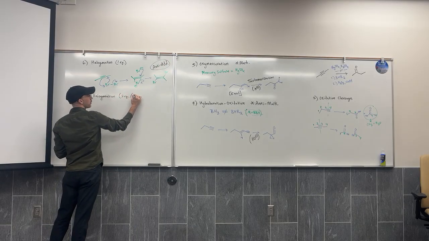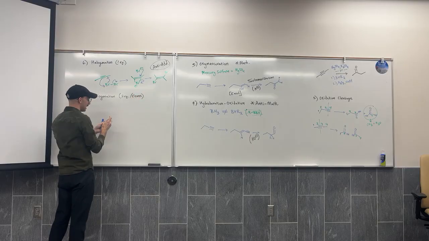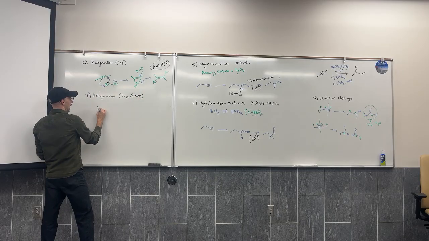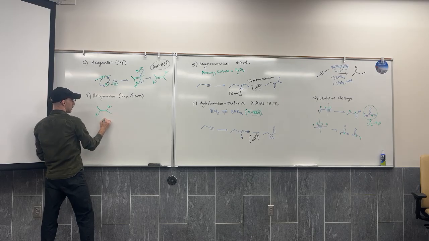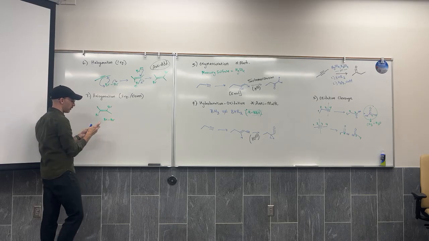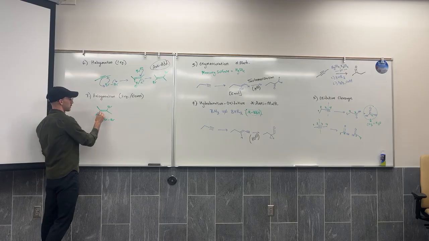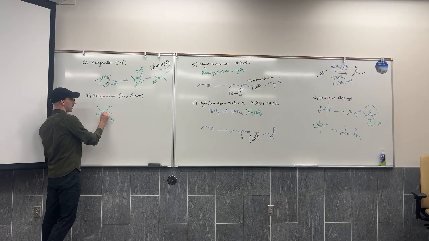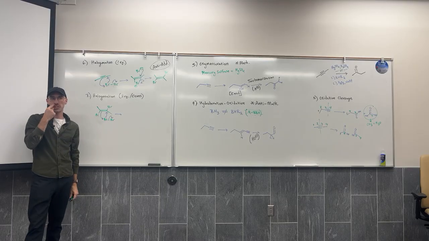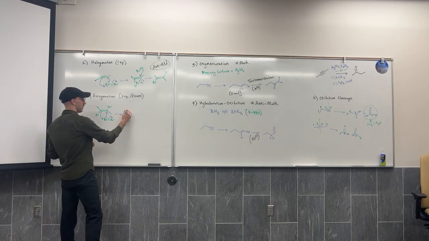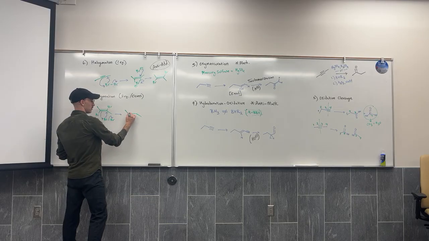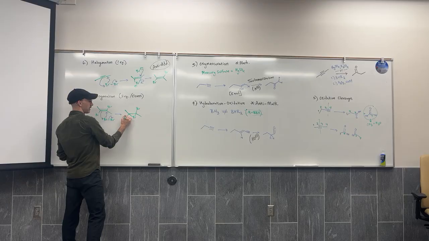If we add two equivalents, or if we run this in excess, after the first equivalent has reacted, a second equivalent reacts. I just realized I'm not doing this with X this time, even though your sheet says X. So I've just picked a halogen to show this with. There's a lot of bromines going on.